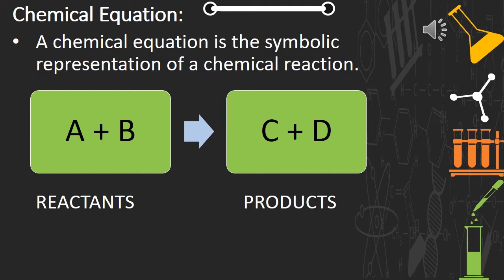So here, A plus B are the substances which react with each other, known as reactants, written on the left side of the chemical equation, while C and D are the new substances being formed, which are the products, written on the right hand side. The reactant and product are separated by an arrow in the middle.